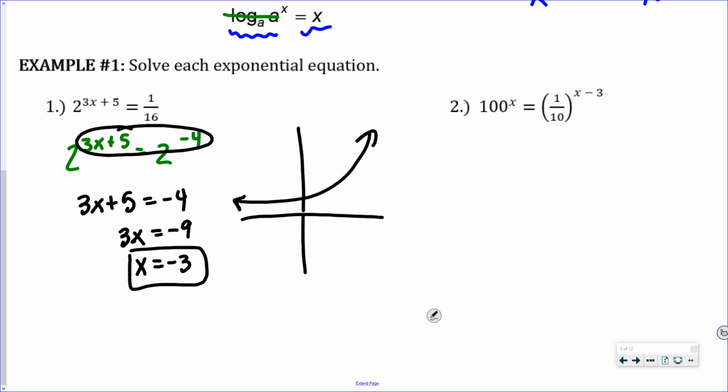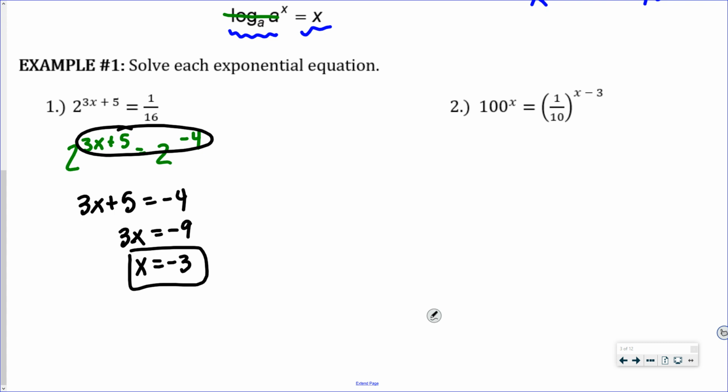Obviously, you could check your answer just like any equation by plugging it back in. 3 times negative 3 is negative 9, plus 5, 2 to the negative 4th is 1/16, right? The reason I'm prefacing this is because when we go to solve log equations, those have restricted domains, okay? But with exponential, our domain is all reals. You don't have to worry about that.